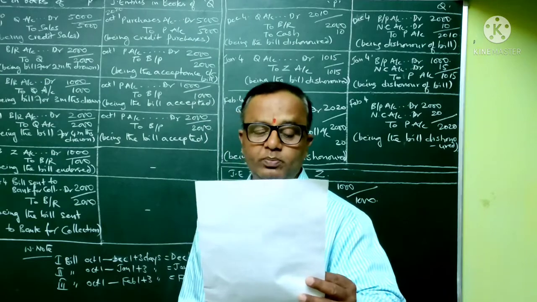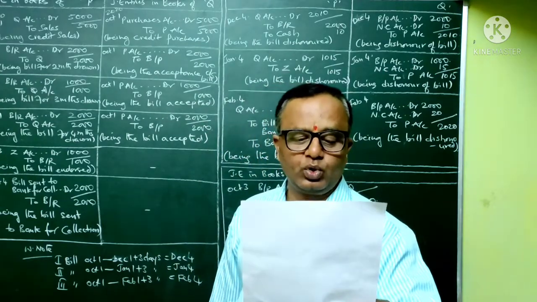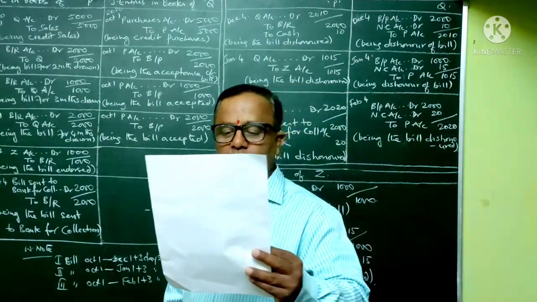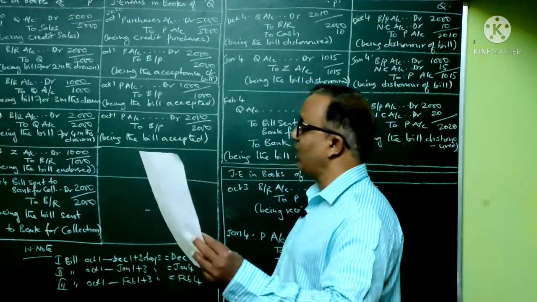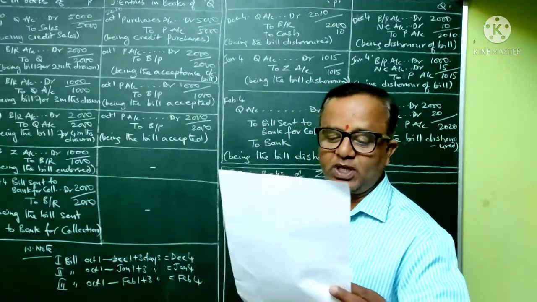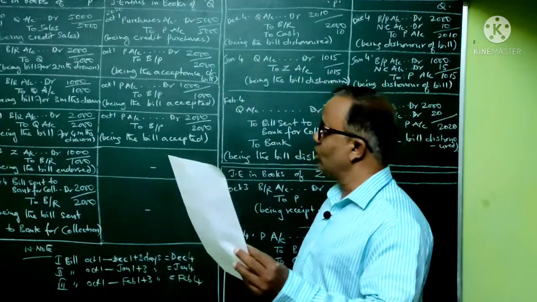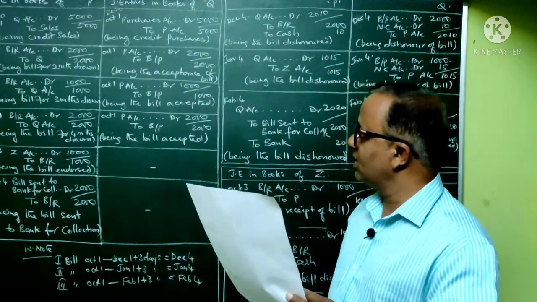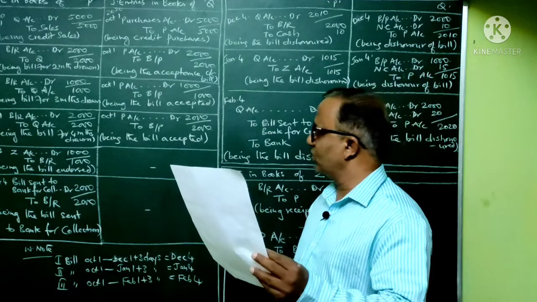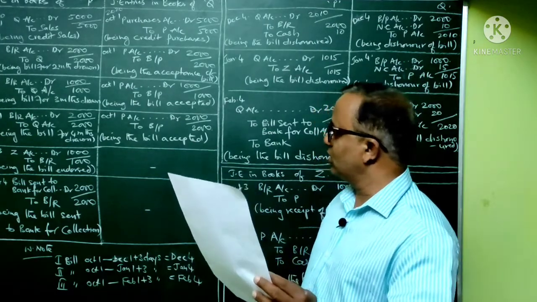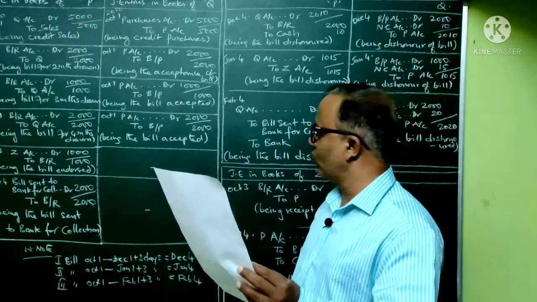P has sold goods worth 5,000 to Q. For that purpose he has drawn 3 bills on Q. The first bill he has drawn for 2,000 for 2 months. The second bill he has drawn for rupees 1,000 for 3 months. Whereas the third bill he has drawn for 2,000 for 4 months.